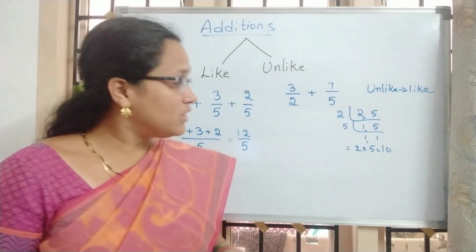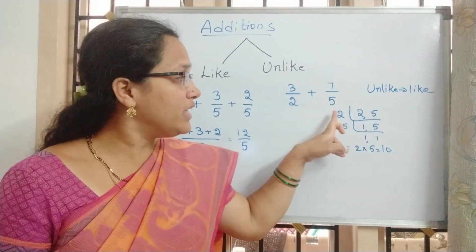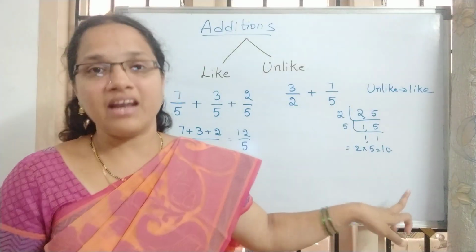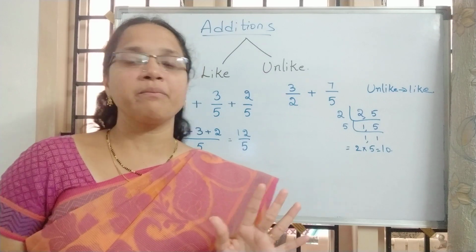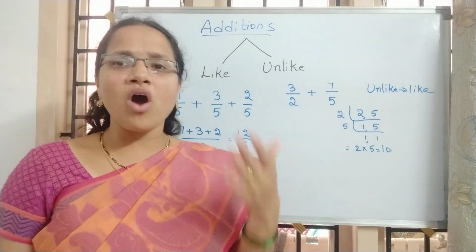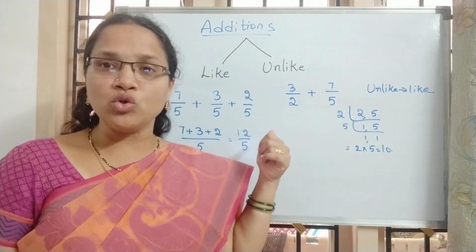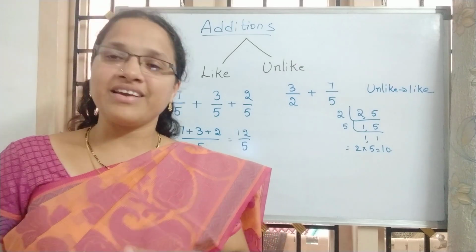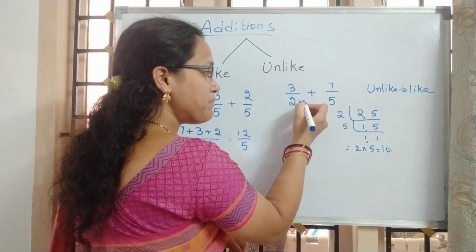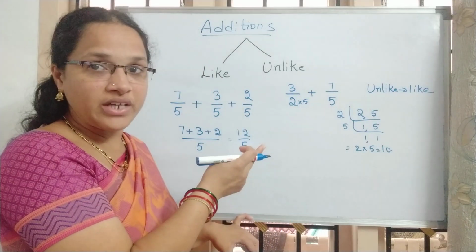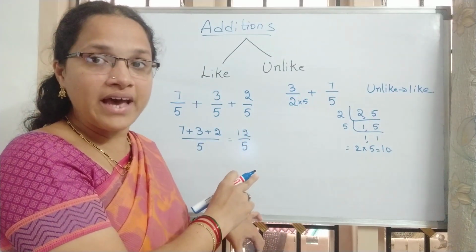That means you have to make both the denominators 10. Whatever your LCM is, you should make the denominators into that number. With what number if you multiply 2, you will get 10? If you multiply 2 with 5, it gives you 10. That means you will get the denominator as 10.